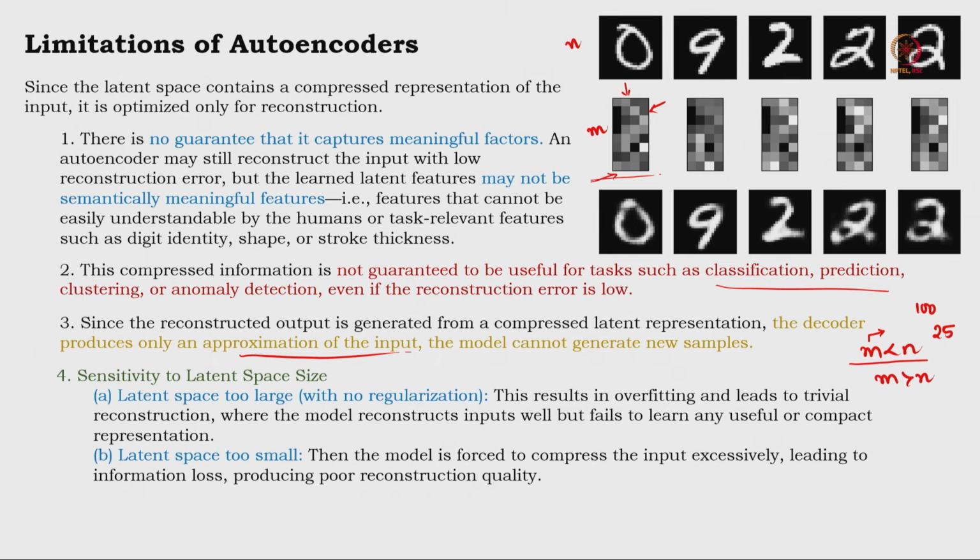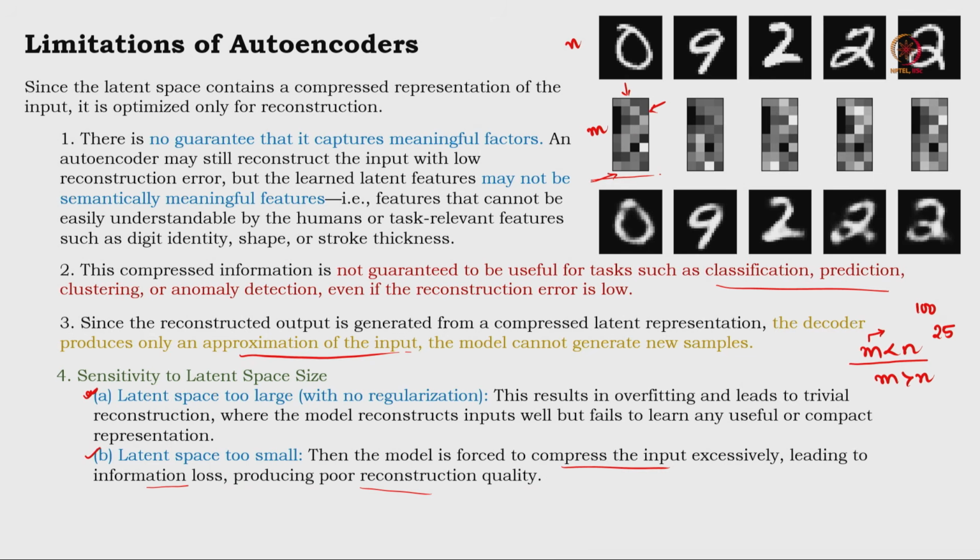When a lot has been compressed, there is a high chance that information is being lost. And when you reconstruct the input back from this compressed one, the originality will be lost. So this is the second point. When the size is very small, a lot of compression takes place, which leads to information loss. Therefore there is poor reconstruction quality.